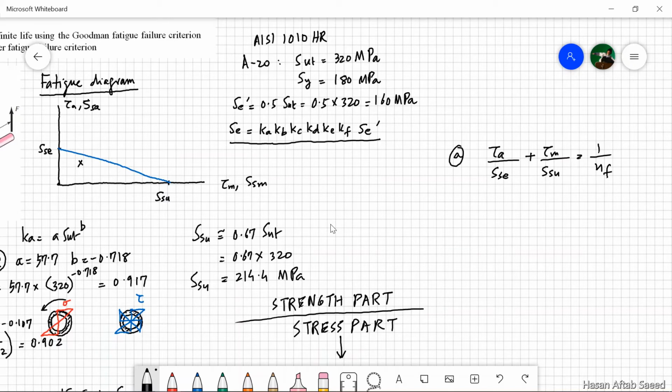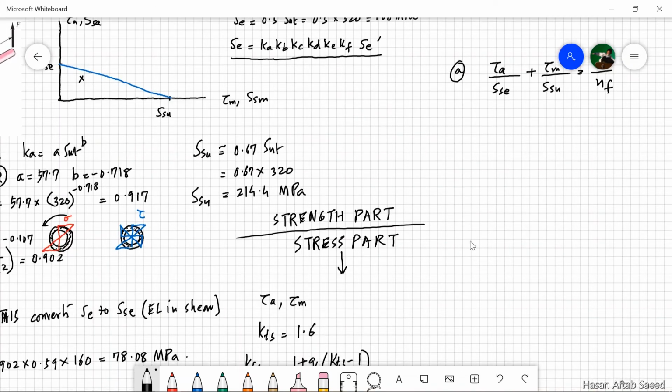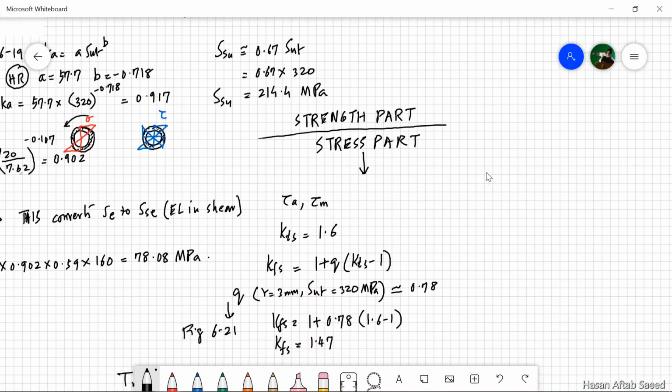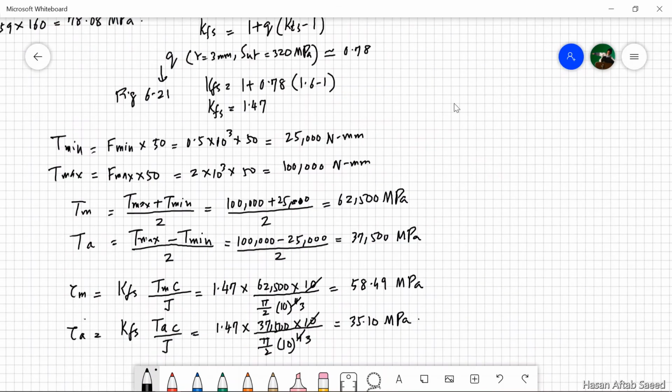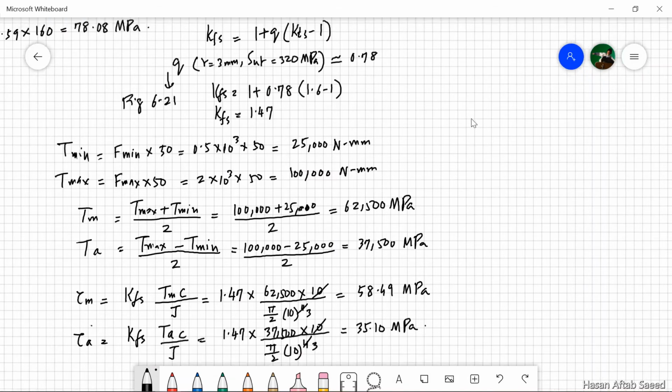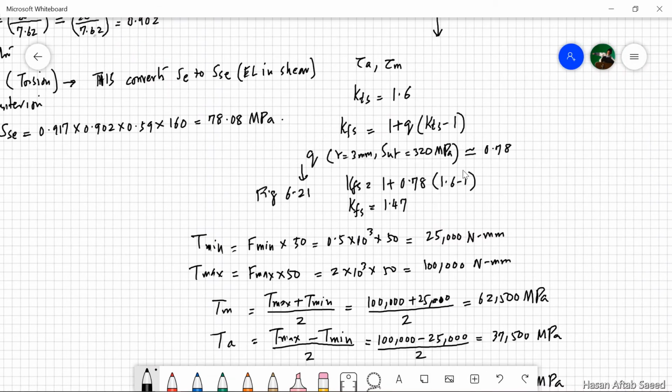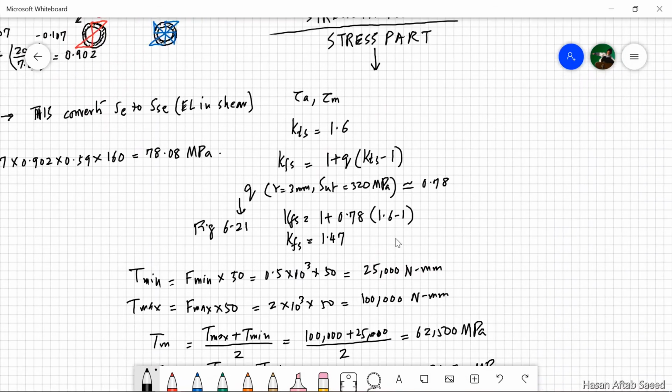So putting in the values, we have just calculated tau A and tau m, and SSE and SSU are also known to us. These are the values of tau A and tau m, 35.10 and 58.49. Similarly, the SSE value is 78.08. We just calculated it.